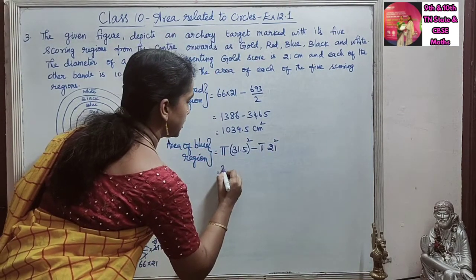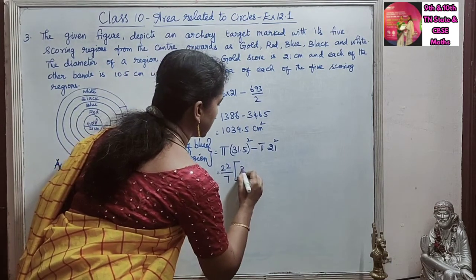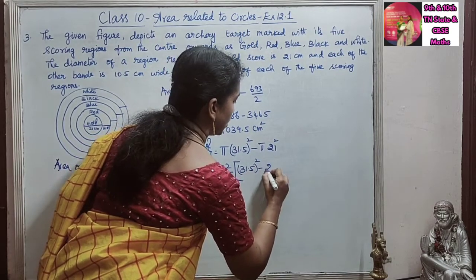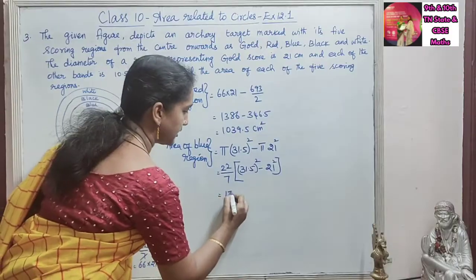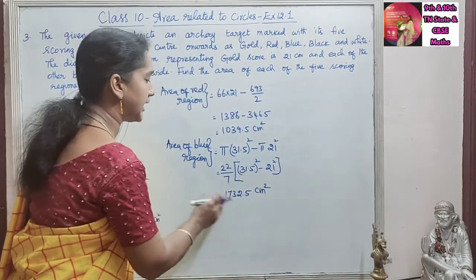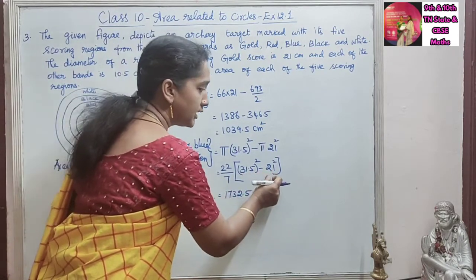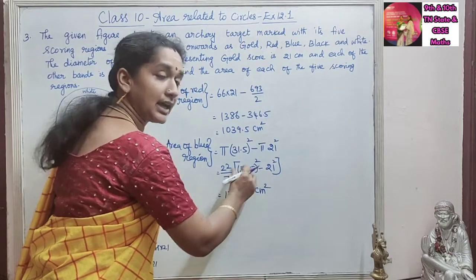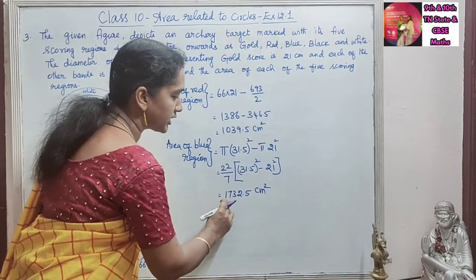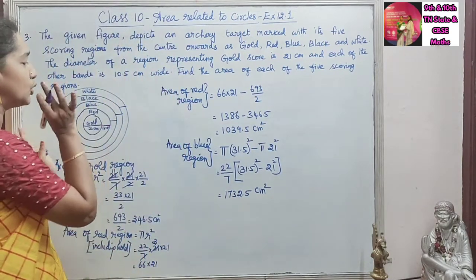Okay. This 22 by 7 will take it common. So 31.5 the whole square minus 21 square. So we get 1732.5 centimeter square. So this is the area of the blue region. So this one blue region we found.